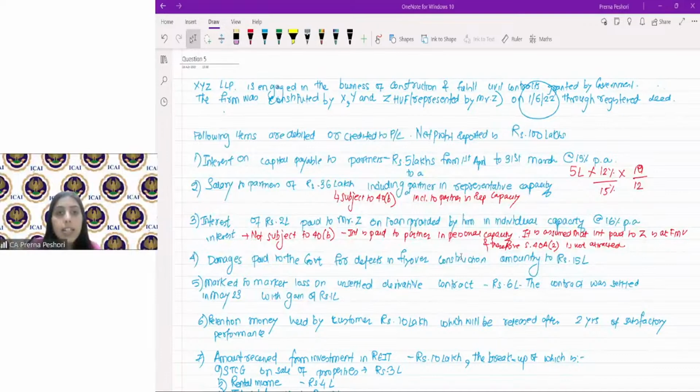Next one is damages paid to the government for defect in flyover construction amounting to 15 lakh. Yes, what will happen in this case?